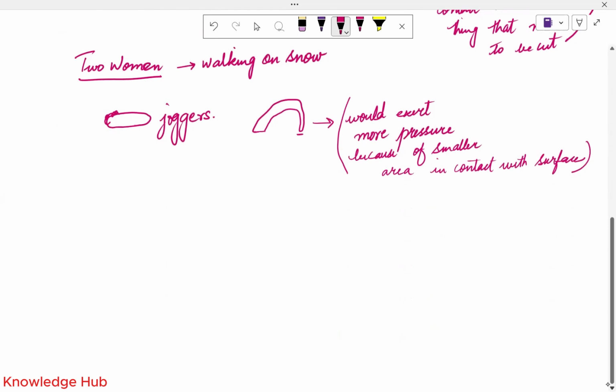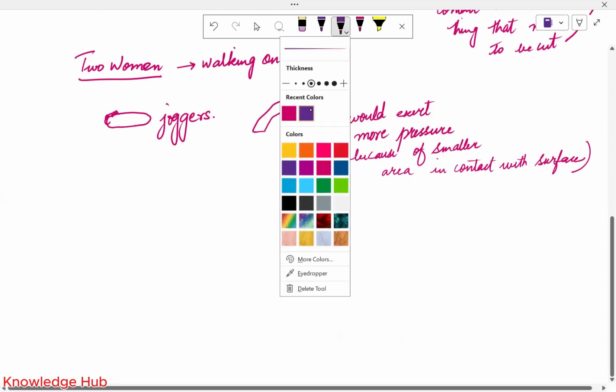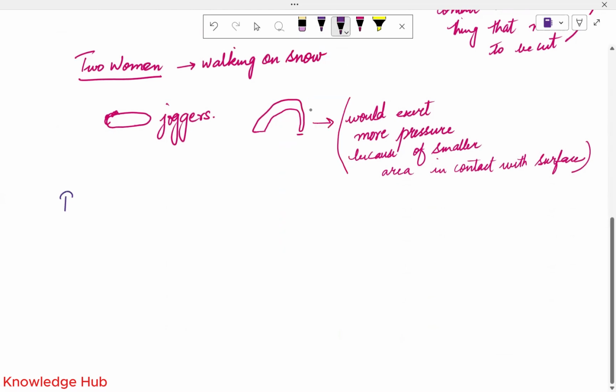Okay, so let's move further towards the next topic, and that is pressure in liquids. Pressure in liquids basically depends upon three things.